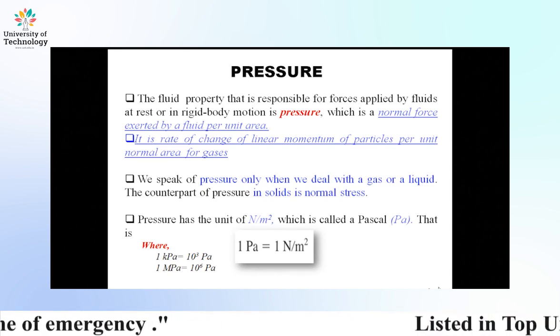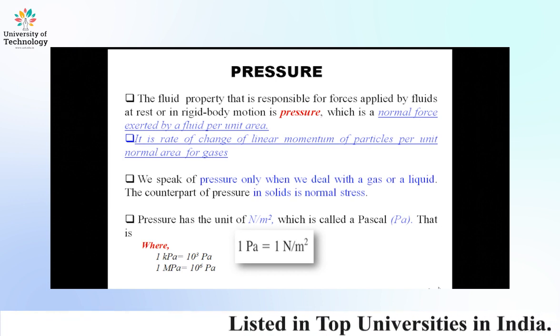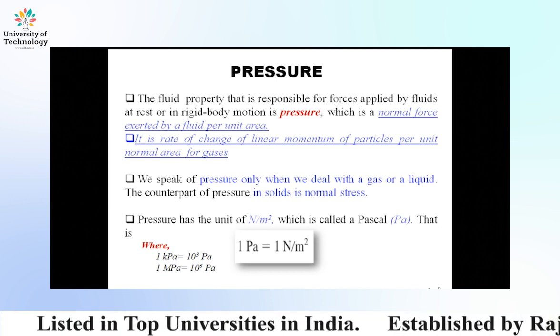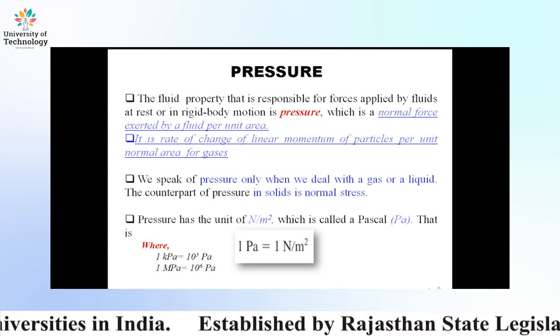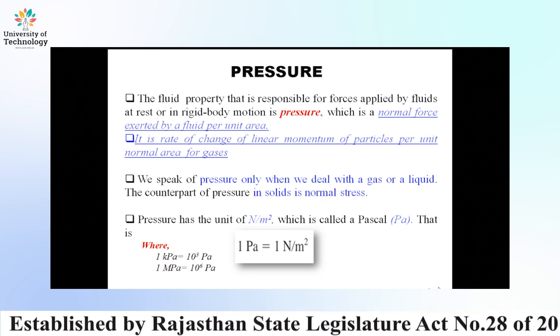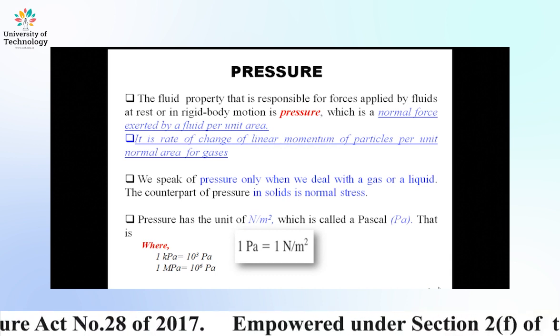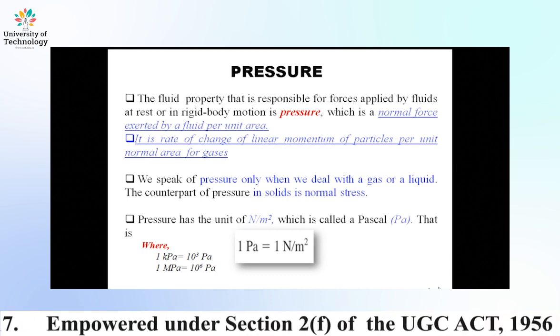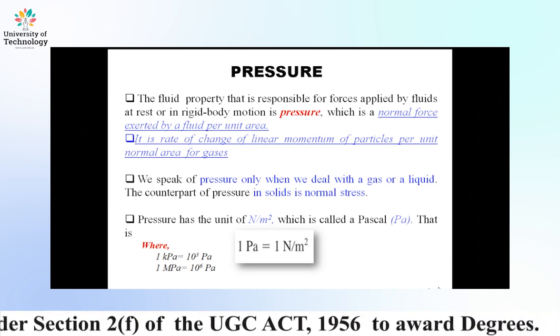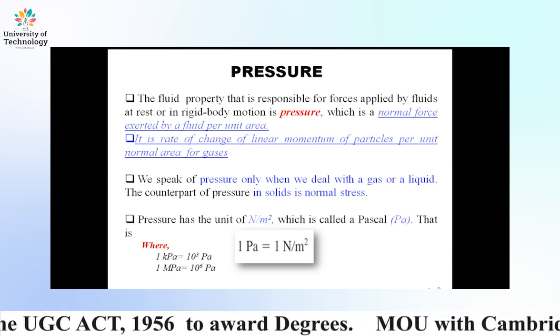It is also defined as the rate of change of linear momentum of particles per unit normal area for gases. We speak of pressure only when we deal with gas or a liquid. The counterpart of pressure in solid is normal stress.